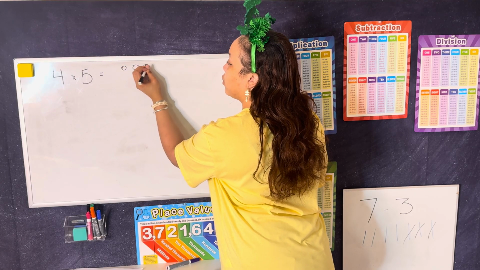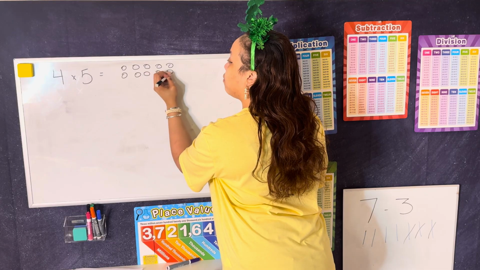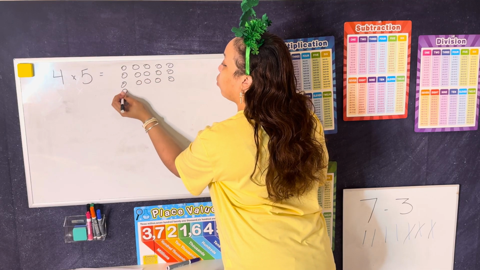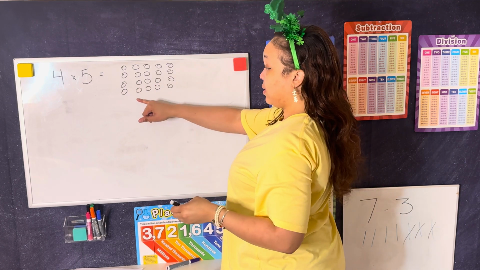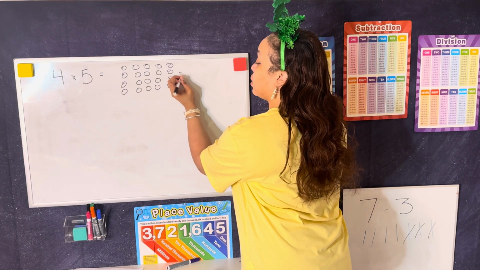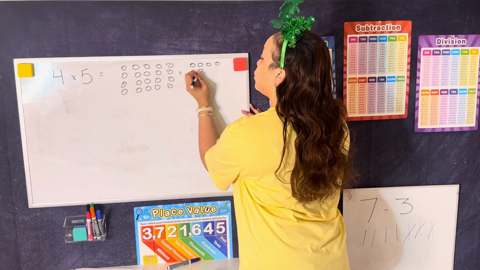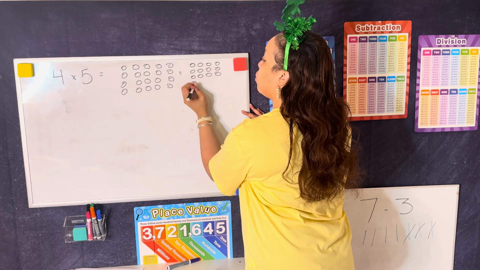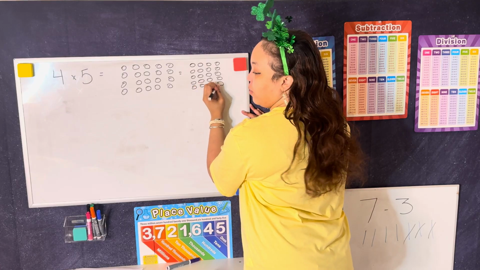1, 2, 3, 4, 5. 1, 2, 3, 4, 5. 1, 2, 3, 4, 5. 1, 2, 3, 4, 5. This is the same as 1, 2, 3, 4, 1, 2, 3, 4, 1, 2, 3, 4, 1, 2, 3, 4, 1, 2, 3, 4.